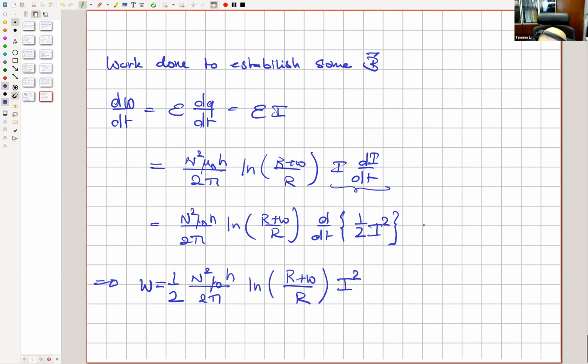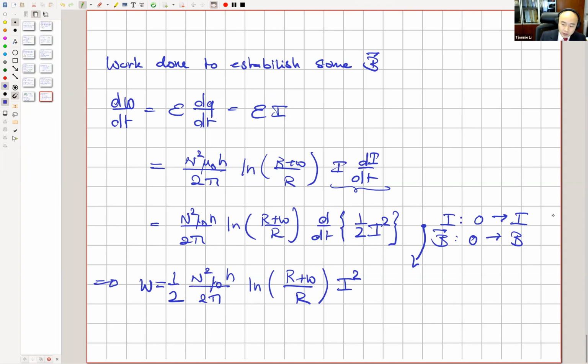Okay, and so going from here to here, the assumption is that we go from I from 0 to I, in such a way that the magnetic field goes from 0 to B. Okay, so we end up having the expression of the amount of work it takes to establish the current from 0 to I.